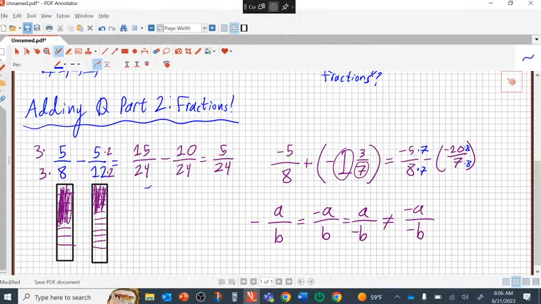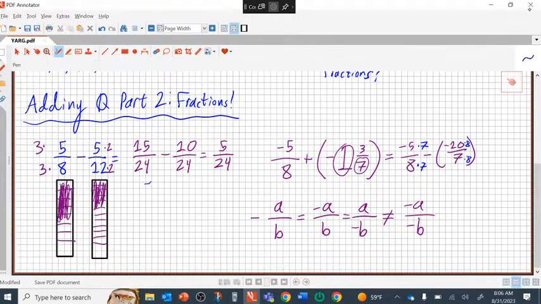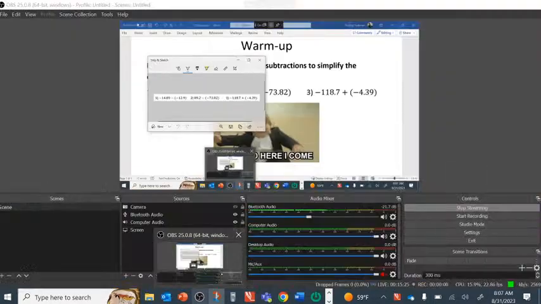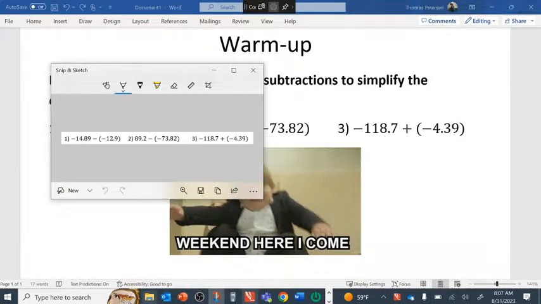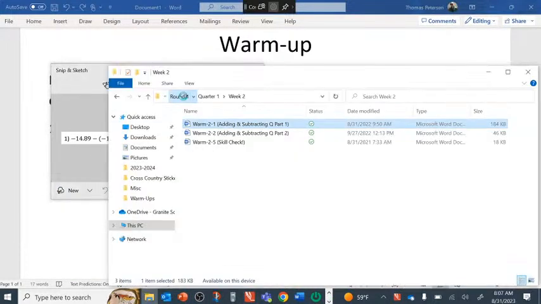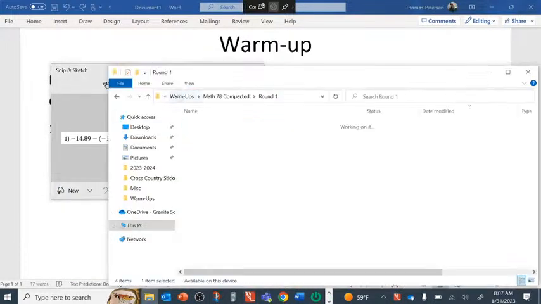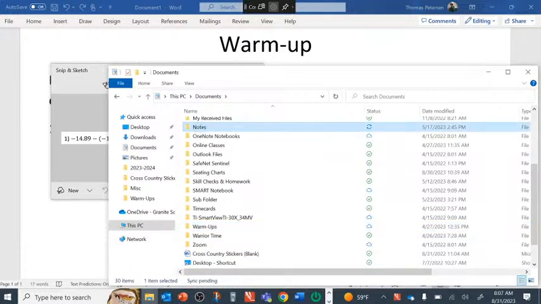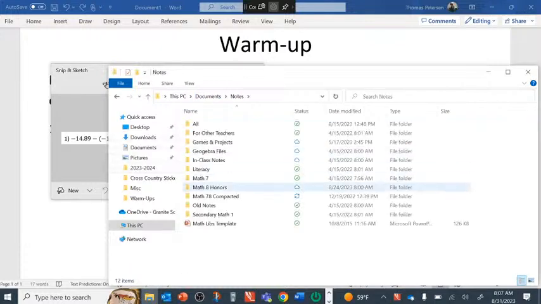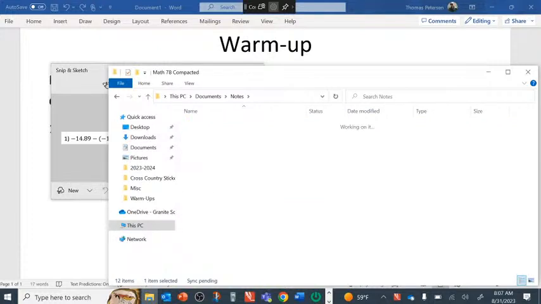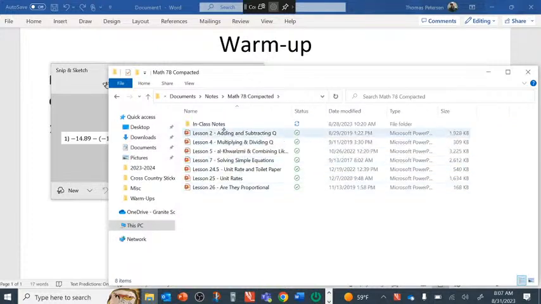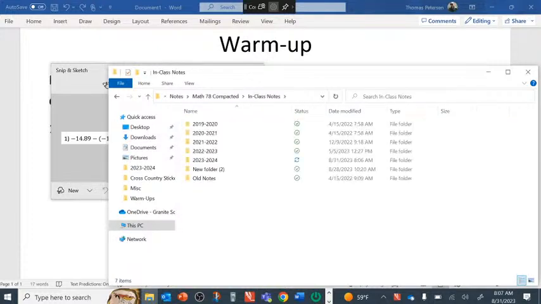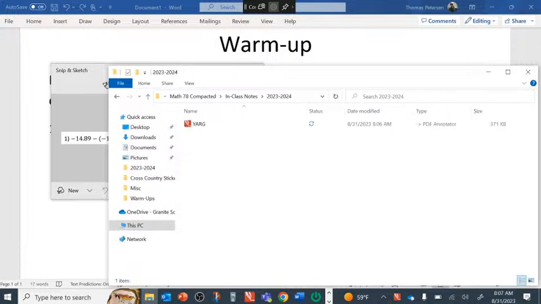I'll be closing this out, and then I've got to reopen this. Oh no, the secret inner workings of Mr. Petersen's files. I feel like I'm hacking my own software. I'm in. I'm pulling up tomorrow's warm-up. Guys, tomorrow's warm-up's not done yet.